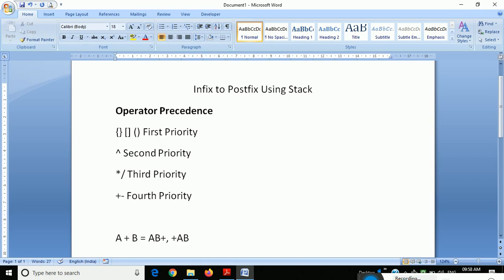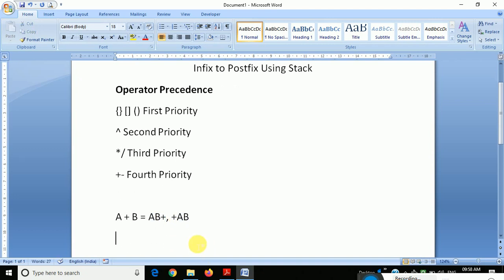This form, with two operands and the operator in between, is known as infix. AB plus is postfix. Plus AB is prefix. I hope you understood.